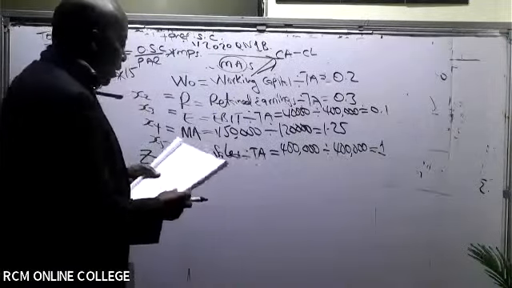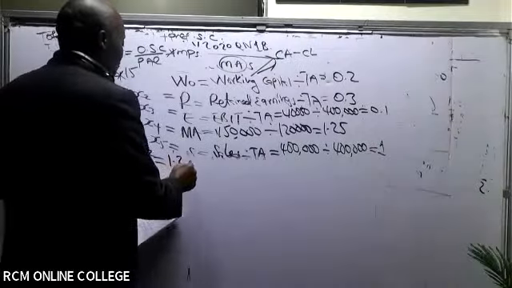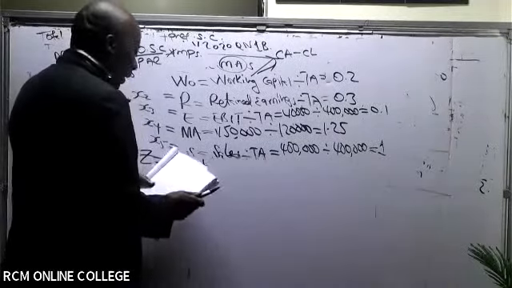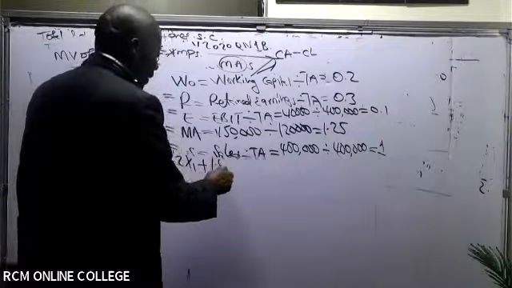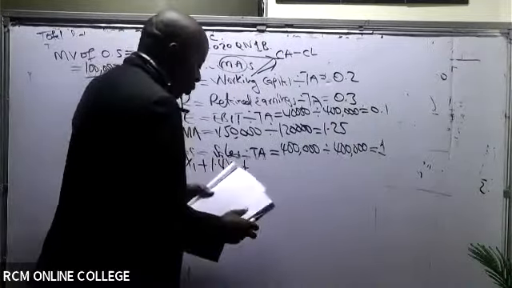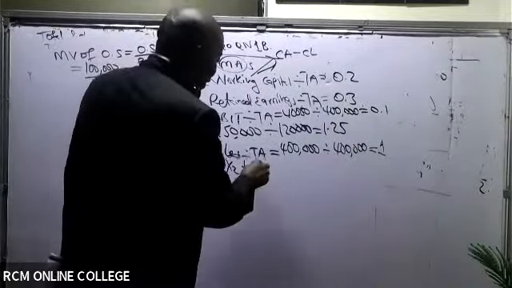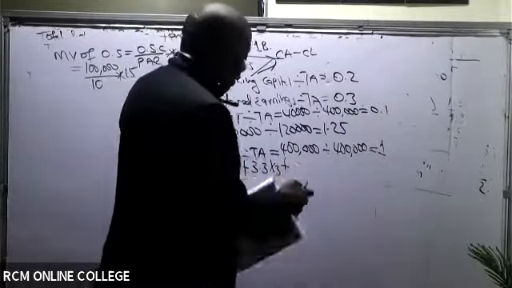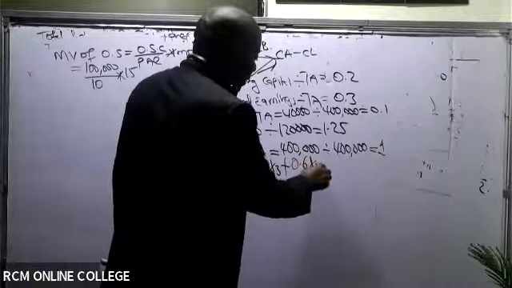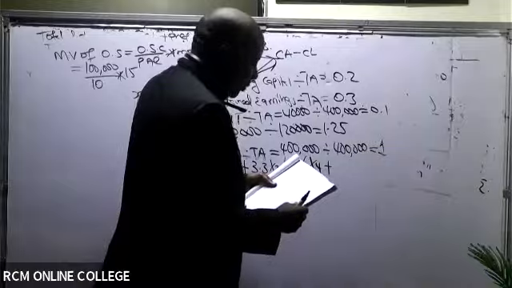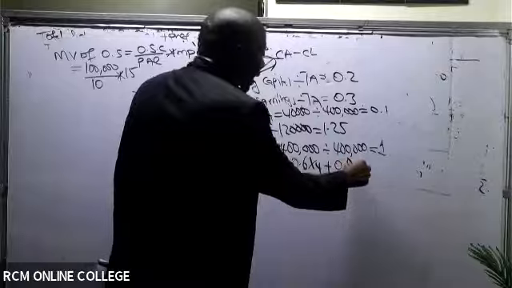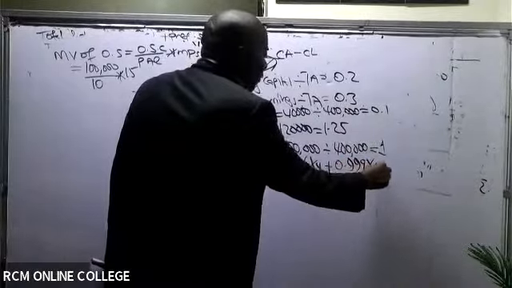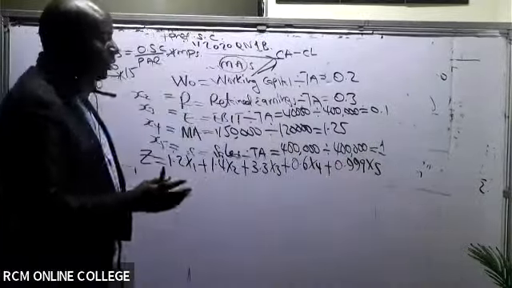So Z is 1.2X1 plus 1.4X2 plus 3.3X3 plus 0.6X4 plus 0.9999X5, like that.